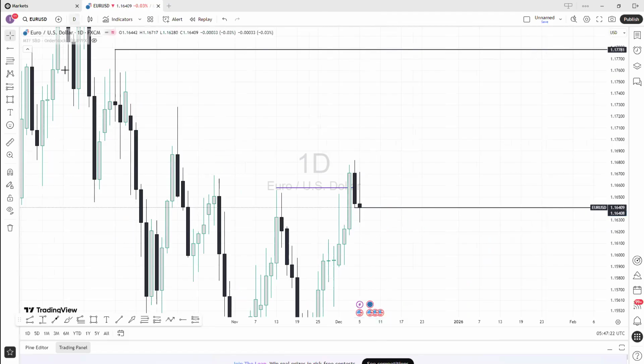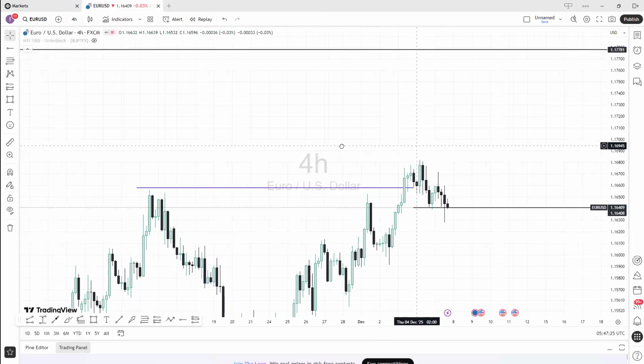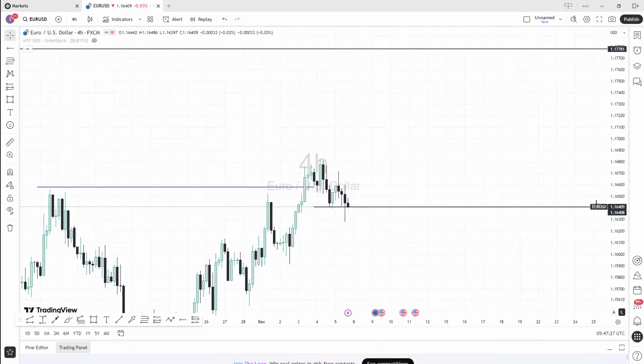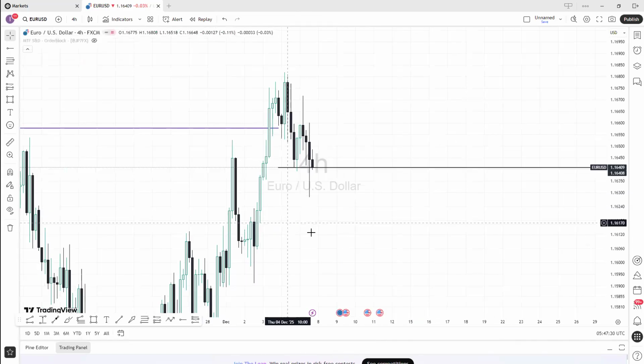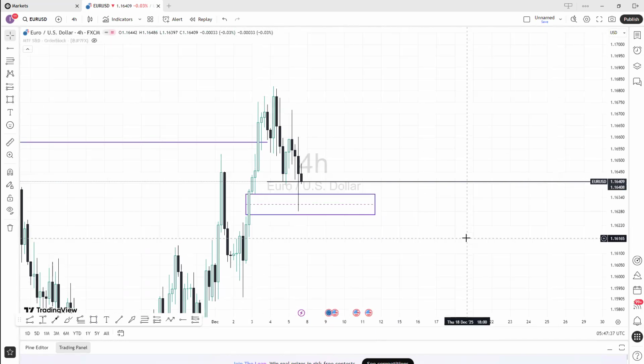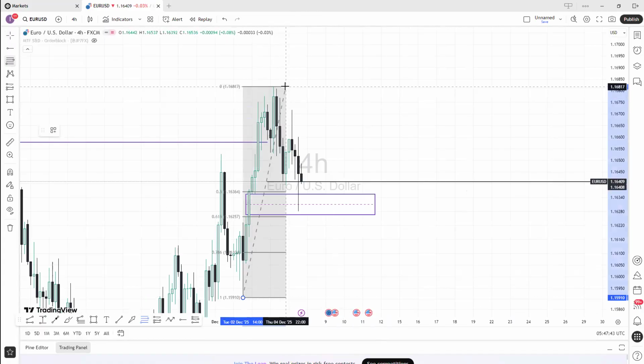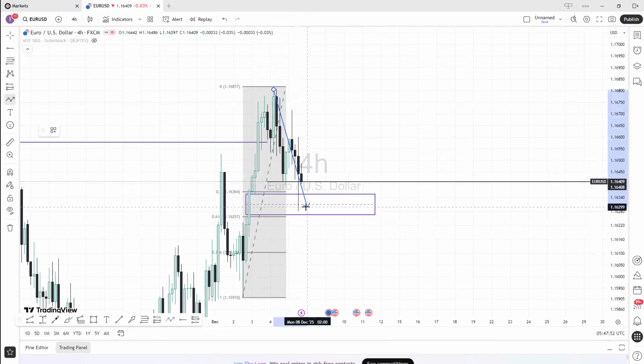When you shift to the 4 hour time frame, we have that FVG imbalance located in the discount. Previously we had an impulsive move, and then a corrective move to the discount zone.